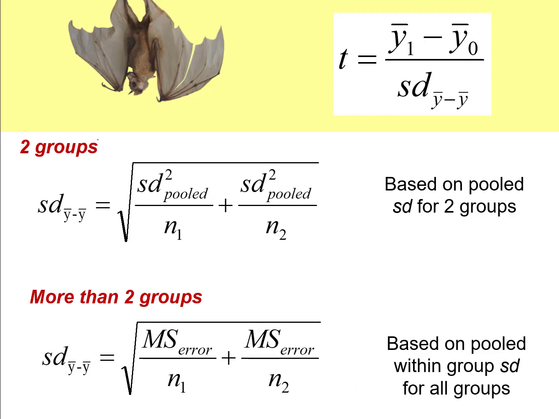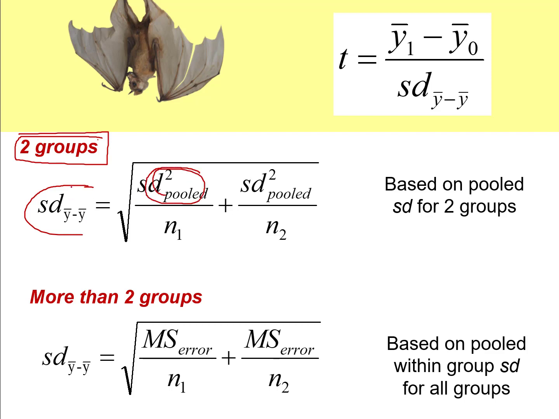So this screen shows you two formulas for calculating a standard error of mean difference. The top formula is the formula that I showed you in the previous unit when we were talking about doing a simple contrast between just two groups. And we talked about how we would calculate the pooled variance for those two groups.